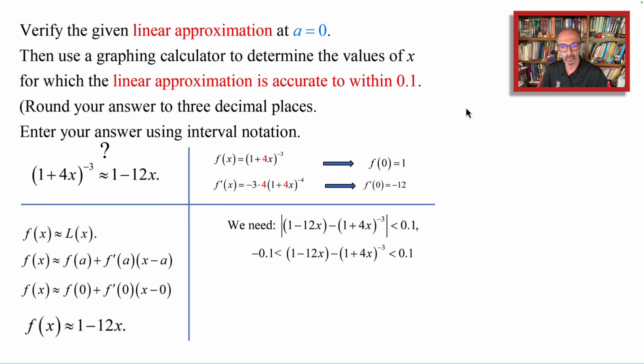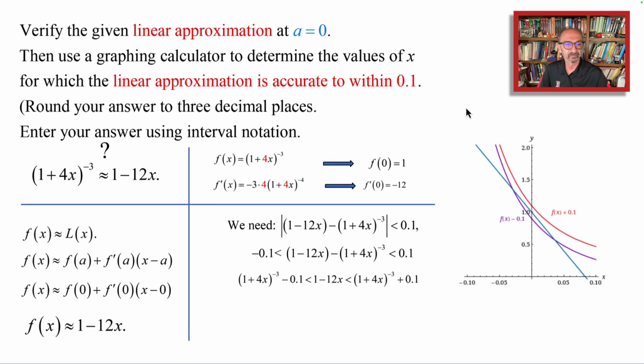That's one way to do it. And I have the following. So this is the curve shifted up 0.1. And this is the curve shifted down 0.1. And this line lives in between. Hopefully that's clear. So graphically, this is what I have. This right-hand side is this right here.